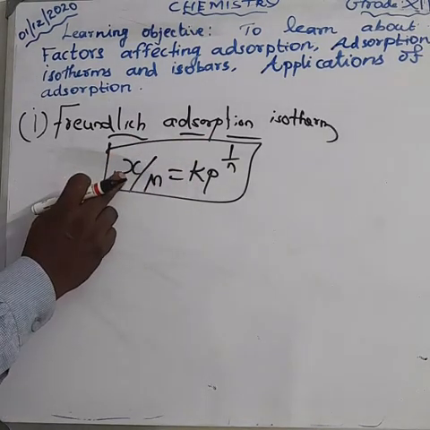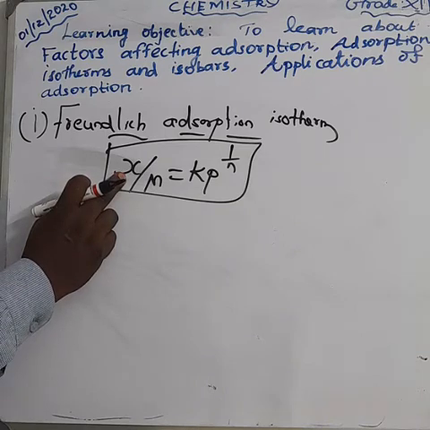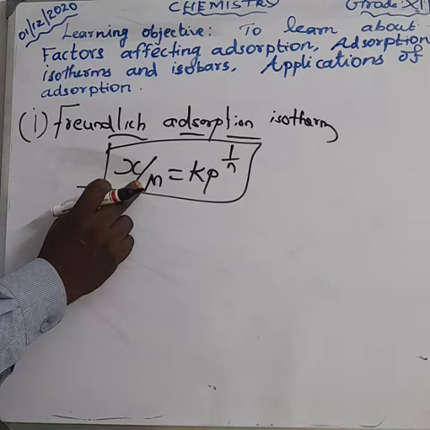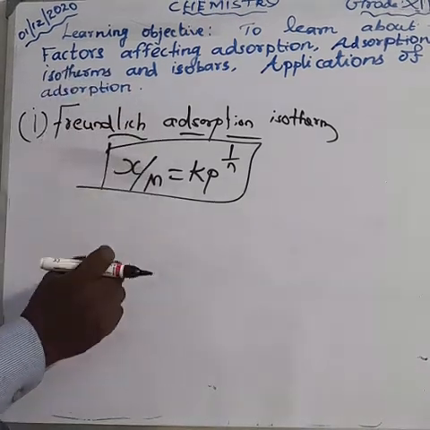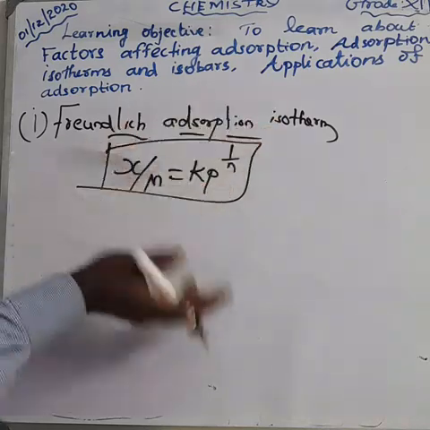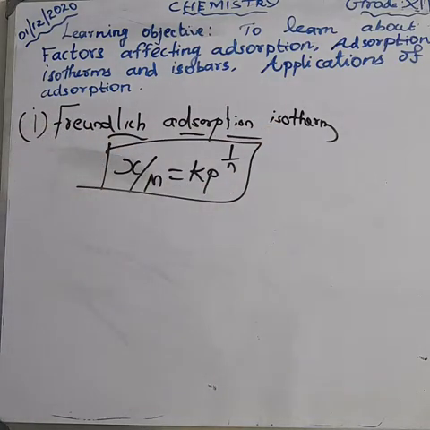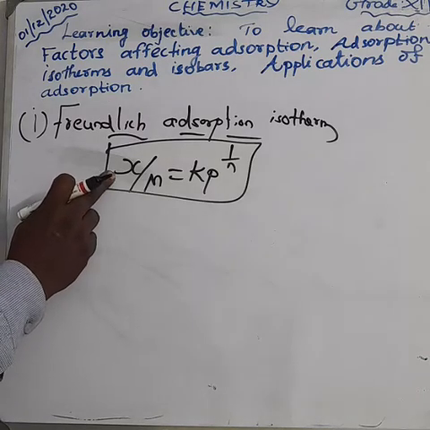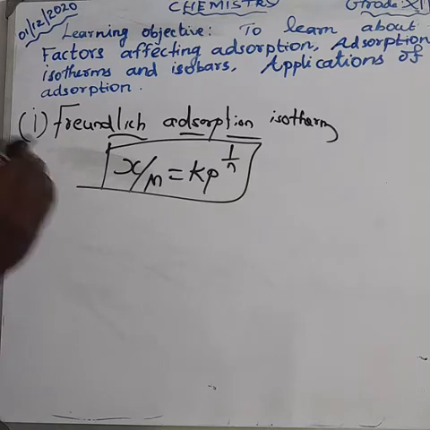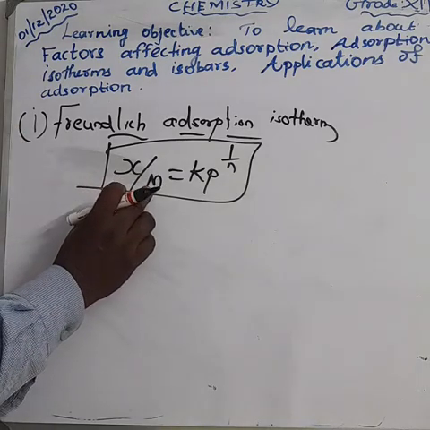Here, x is the amount of adsorbate adsorbed on m gram of adsorbent at the pressure P. K and n are the constants introduced by Freundlich.